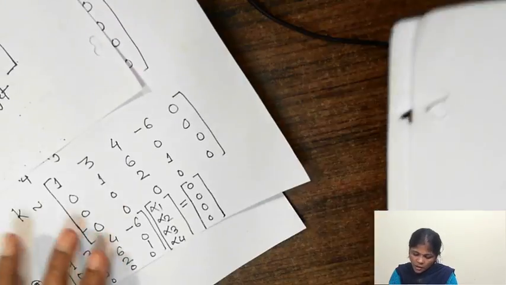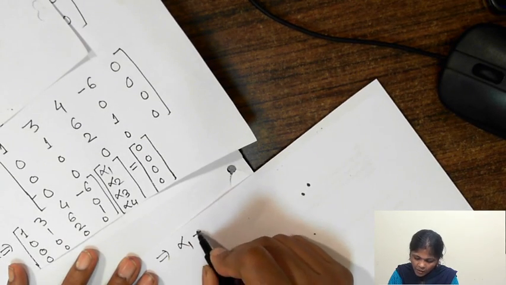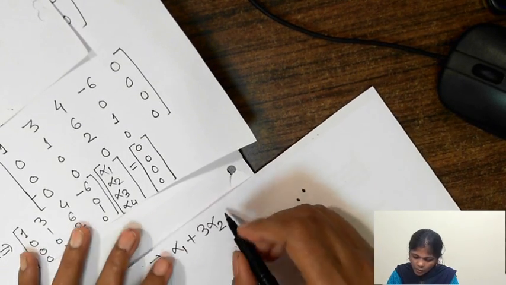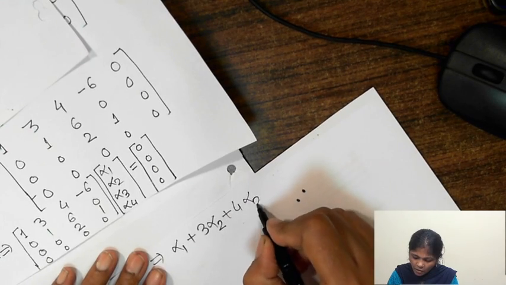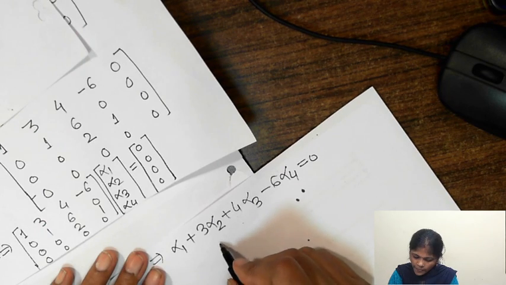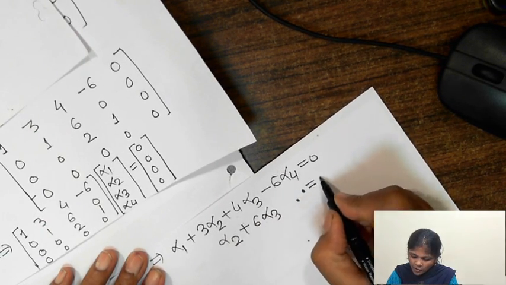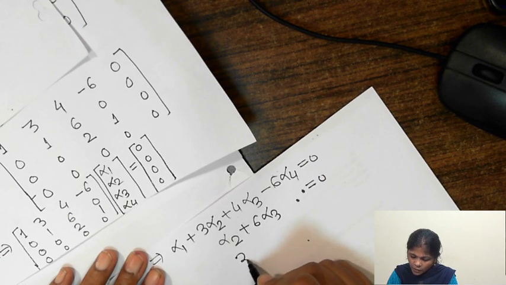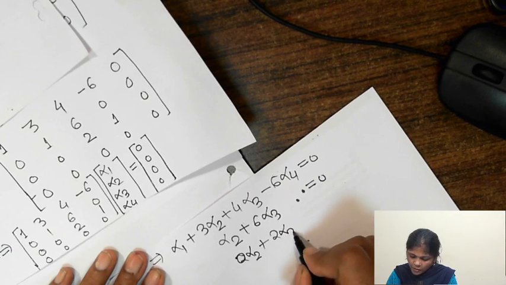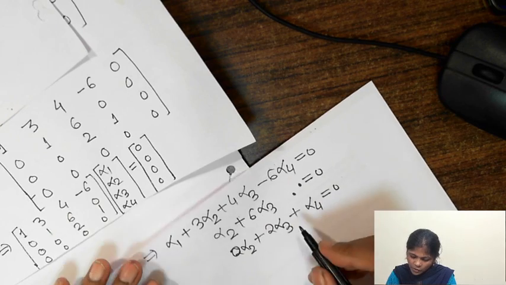Now simplify this. This implies alpha 1 plus 3 alpha 2 plus 4 alpha 3 minus 6 alpha 4 equal to 0, then alpha 2 plus 6 alpha 3 equal to 0, then 2 alpha 3 plus alpha 4 equal to 0, and 0 equal to 0.